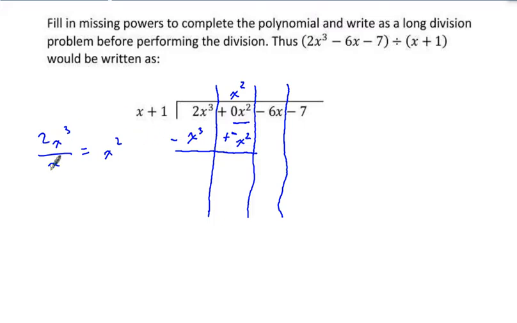2x cubed divided by x equals 2x squared. Originally, we kind of ignored the 2 and just dealt with the x term, or the x factors, not the constant there, or the coefficient of 2. So we can't forget that. And now 2x squared times x is 2x cubed, and 2x squared times 1 is 2x.